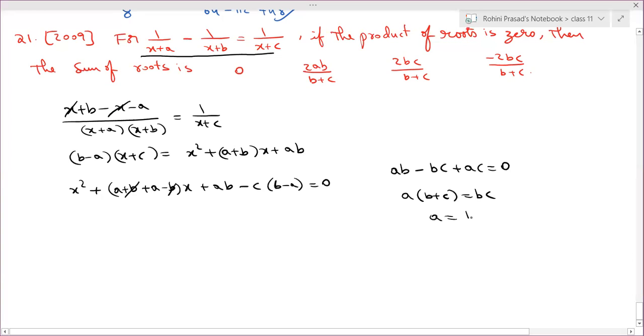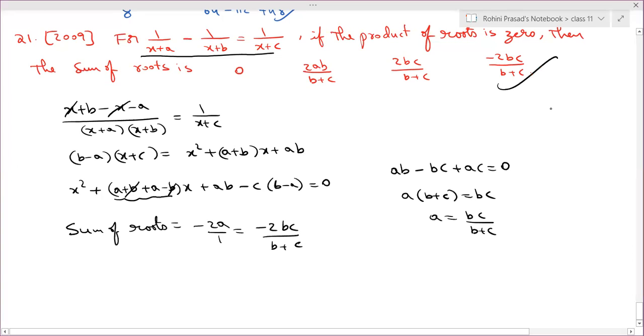So a equal to bc by b plus c. But the sum of the roots equal to minus x coefficient by x square coefficient, minus 2a by 1, minus 2a, but a is obtained as bc by b plus c, so minus 2 times bc by b plus c, which is there in both options.